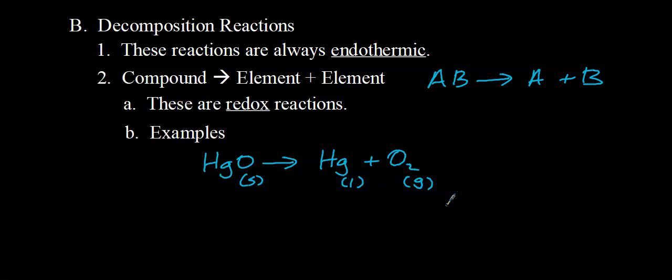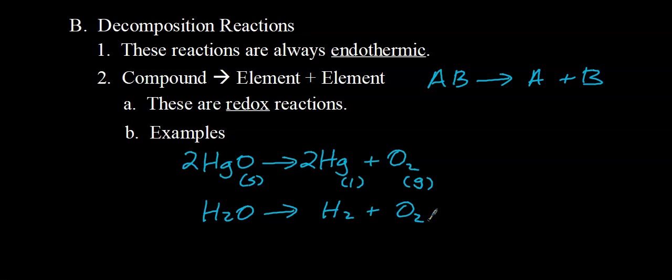Mercury oxide is an ionic compound. It's a solid. Mercury is a liquid. Oxygen is a gas. Go ahead and balance this equation. Let's try another one. If you take water, and it can't be just pure water, it's got to have some ions in it.